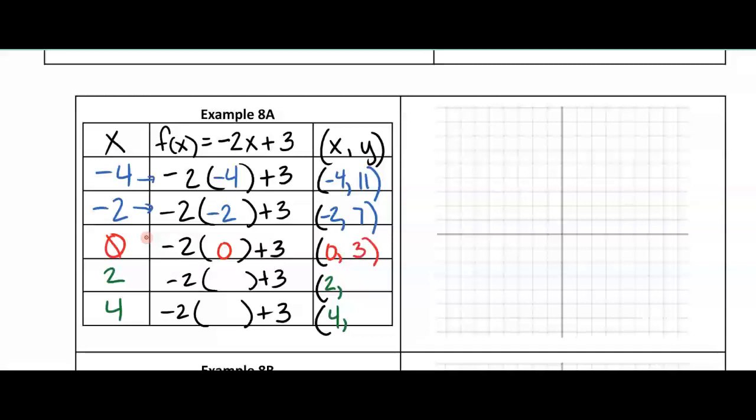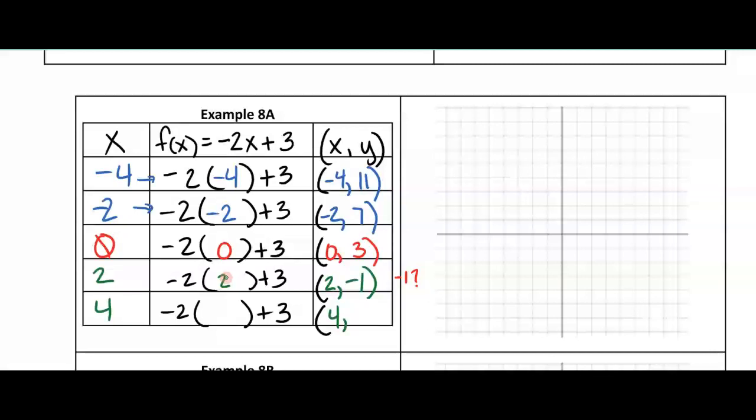Anyone want to take a guess what they think the next number would be? Okay, we're thinking maybe negative 1. We're predicting. Okay, so let's try this for 2. Negative 2 times 2 is? Negative 4. Negative 4 plus 3? Negative 1. All right, our prediction was good.